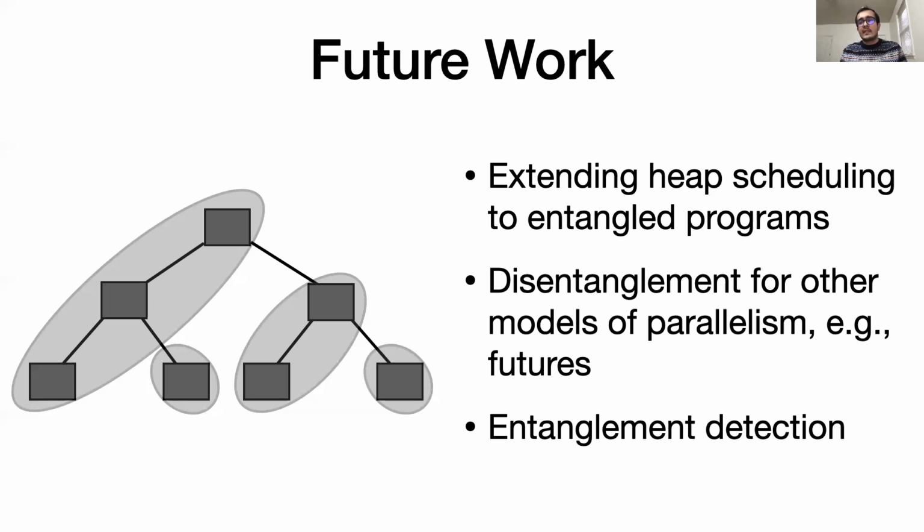So if the program is race free, then it is disentangled. But that's a restriction because disentanglement is actually more general. In particular, we have seen several parallel graph algorithms where races are used for efficiency, but the program itself remains disentangled. So we want to build a dynamic checker that checks for entanglement.